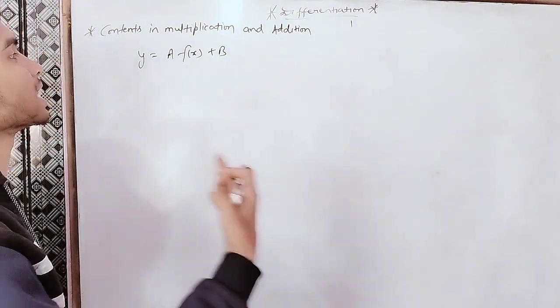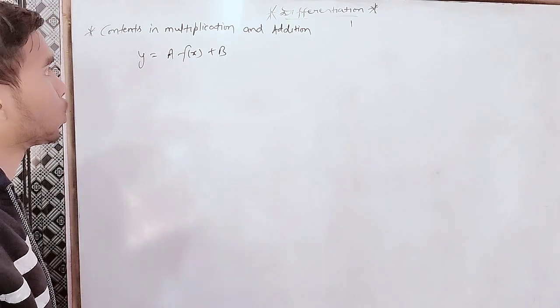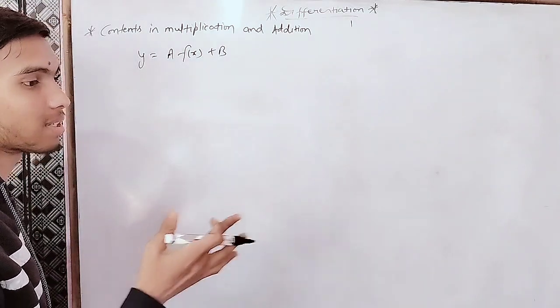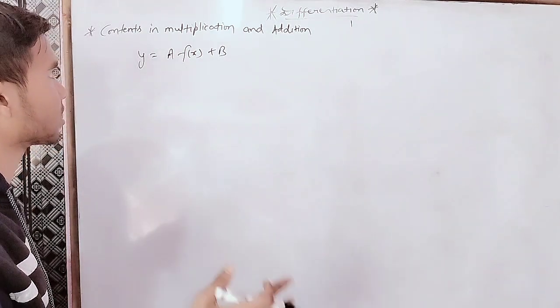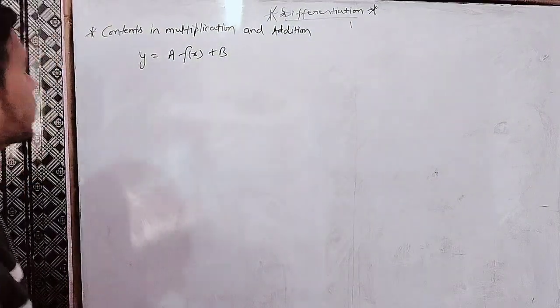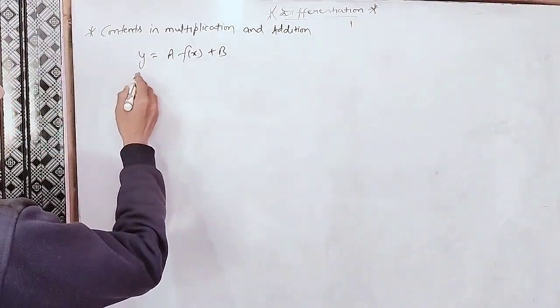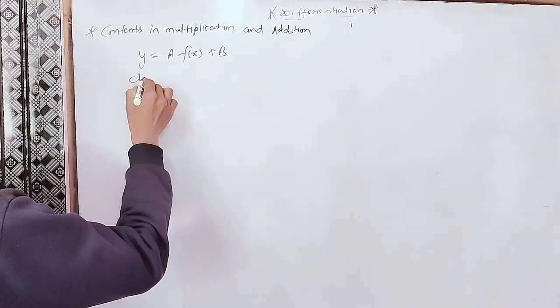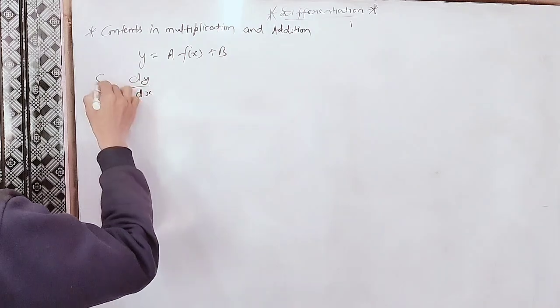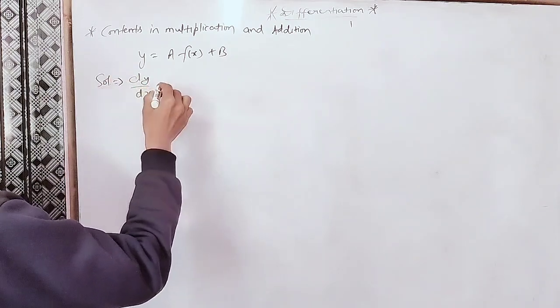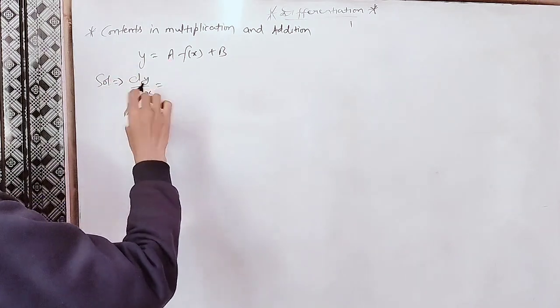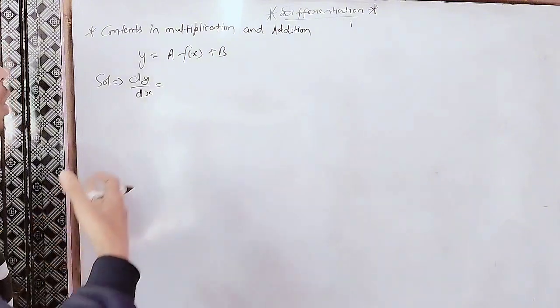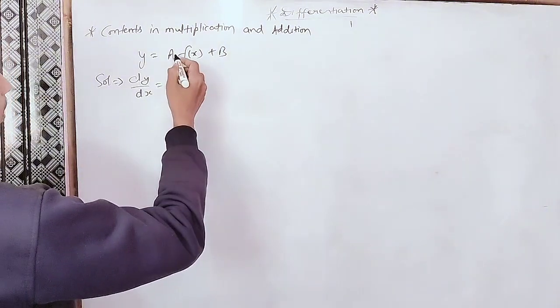Now, a is a number, as I said, a number with multiplication.